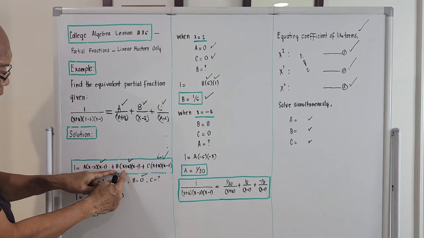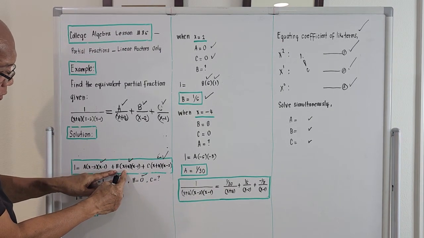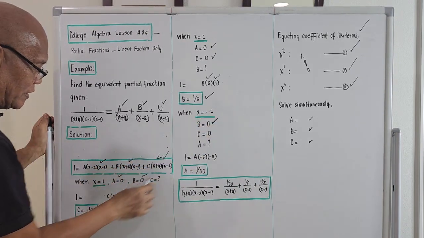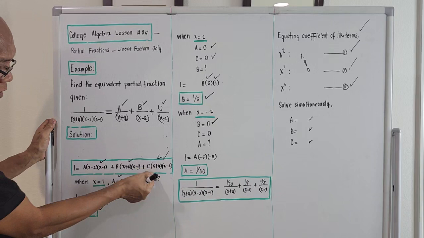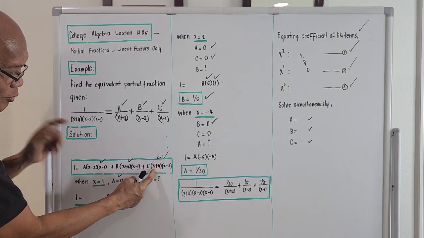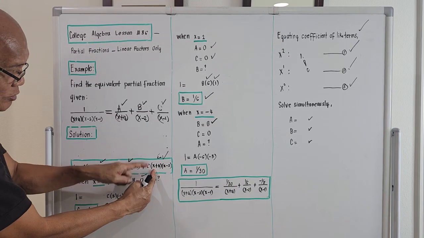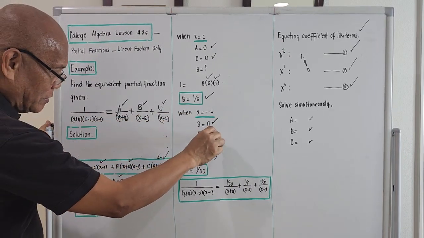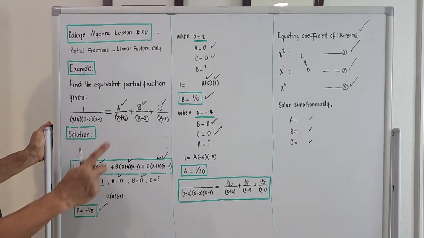You multiply that to b. So when x is equal to negative 4, b will be 0. Right? And when x is equal to negative 4, this will become negative 4 plus 4. This will become 0. You multiply that to c. So when x is equal to negative 4, c will be 0. Right? So we could compute for a.